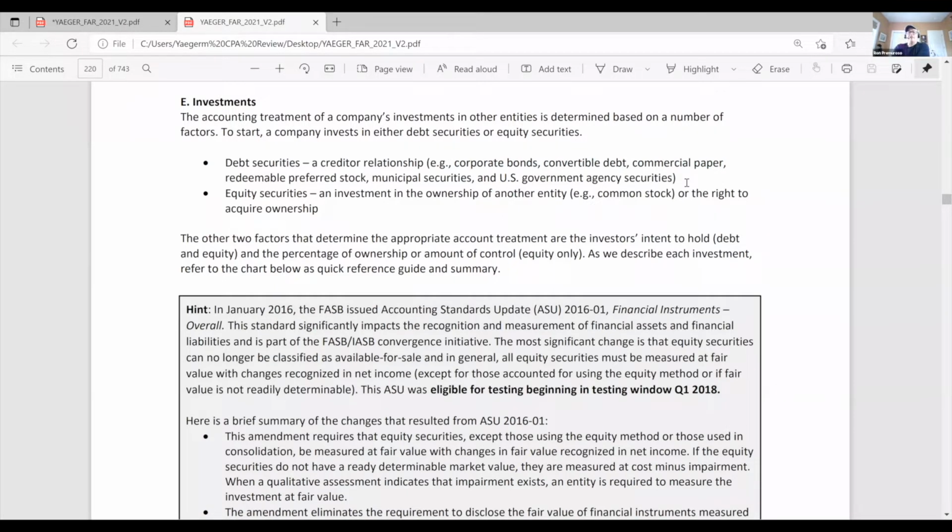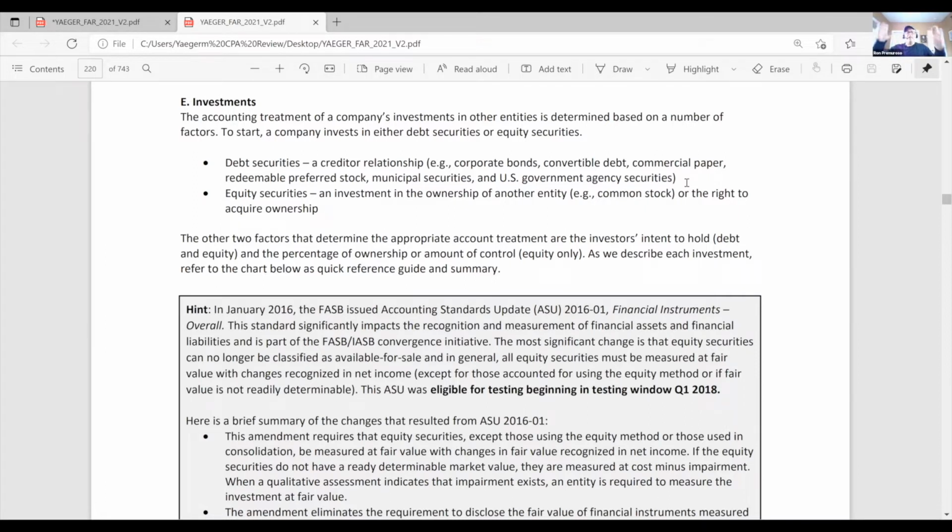Then equity securities, that's easy. You're investing generally in the common stock of another company, or the right to acquire common stock ownership in that company. So when you're thinking about investments, distinguish in your mind between debt and equity.